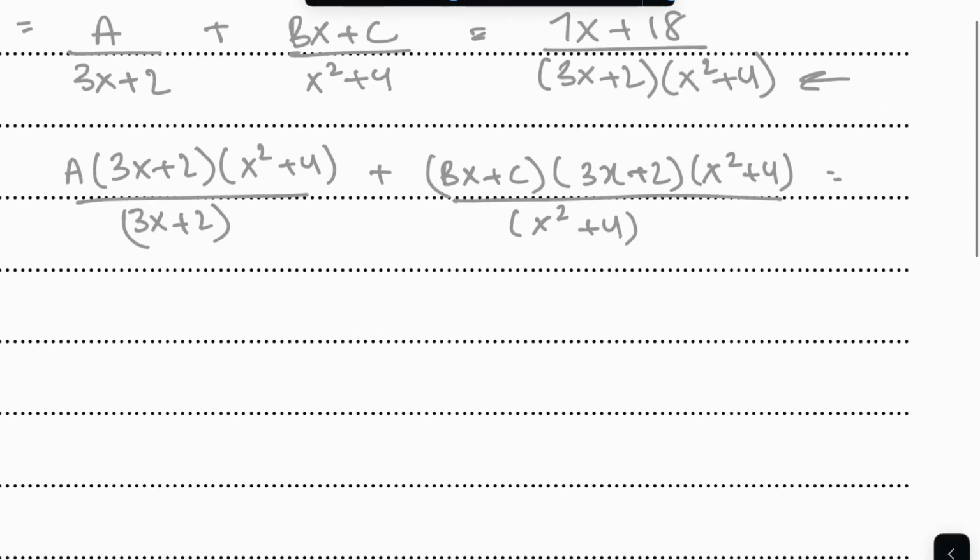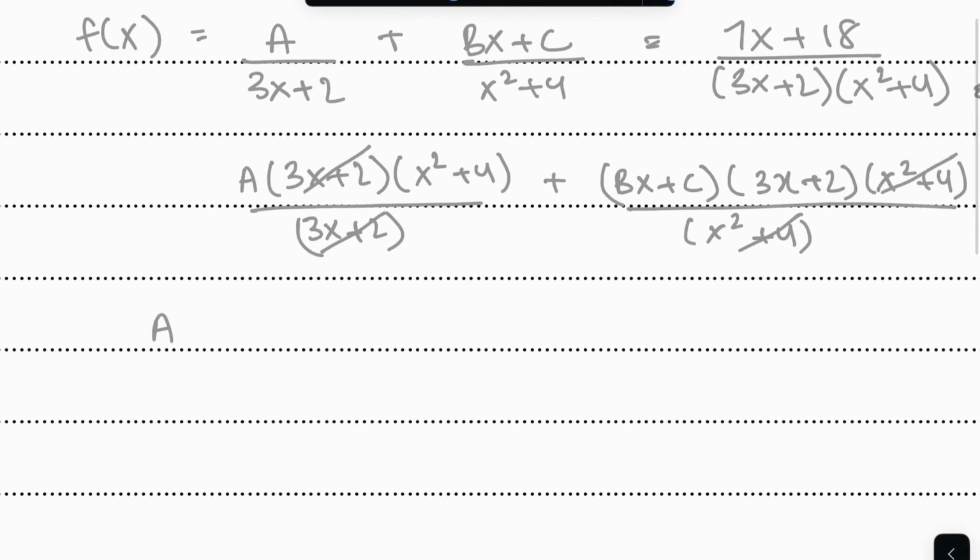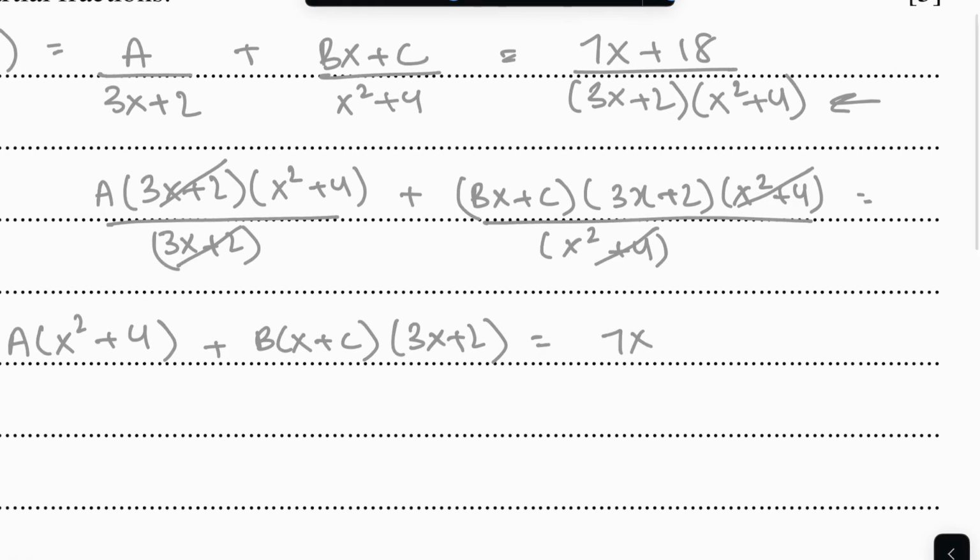Let's simplify first. So this and this cancel, and this and this cancel, and we would have a times x squared plus 4 plus bx plus c multiplied by 3x plus 2 is equal to 7x plus 18.